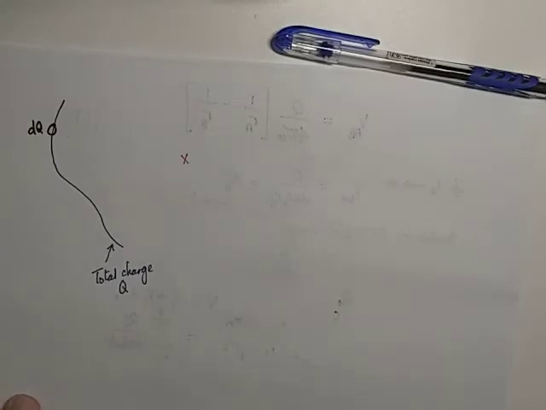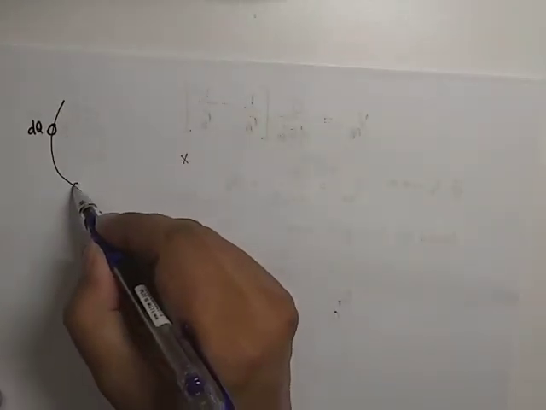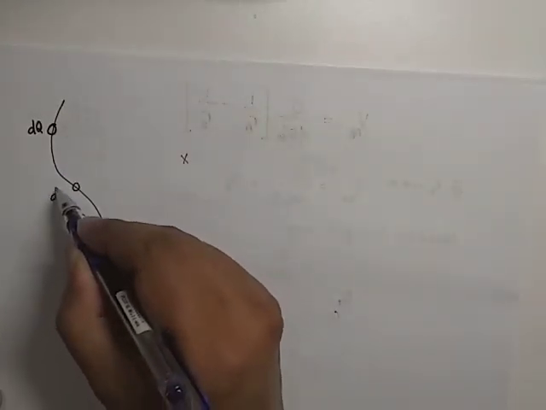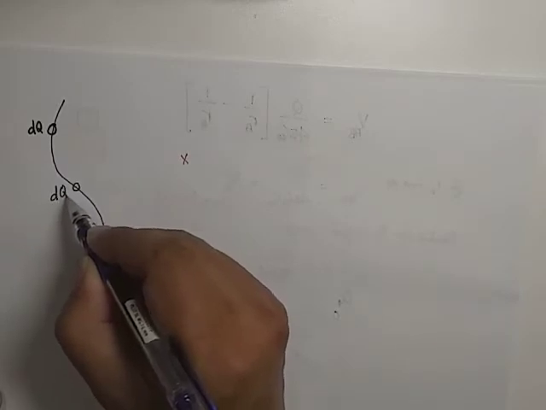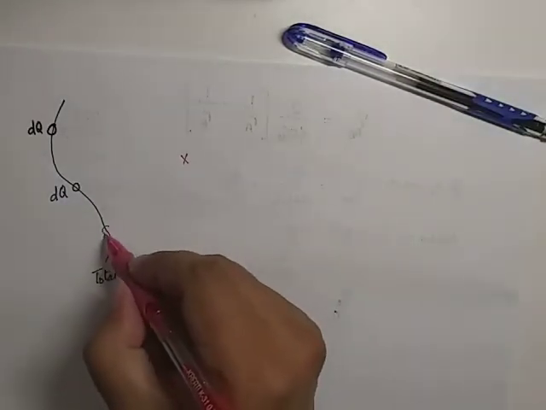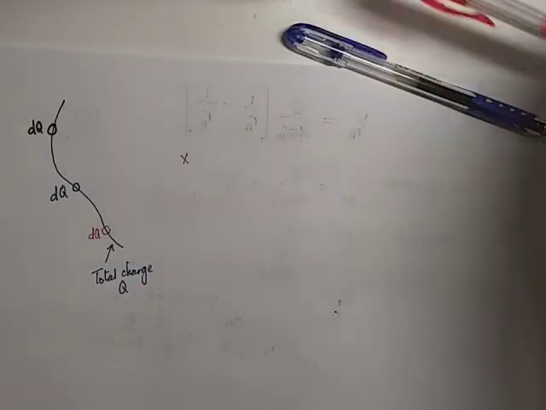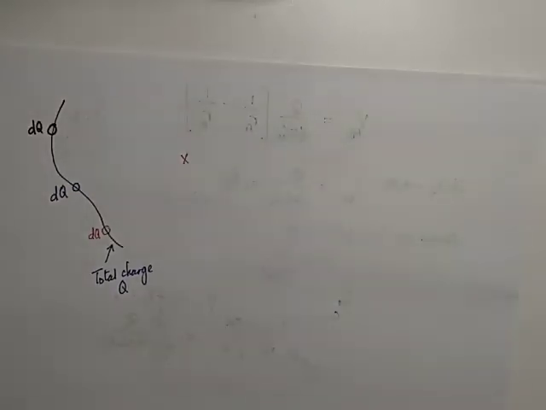Then the second sample is blue in color, let's say here, also dq. And the third sample, let's say down here, red in color, also dq. I think you can see that what we have defined before can be used.